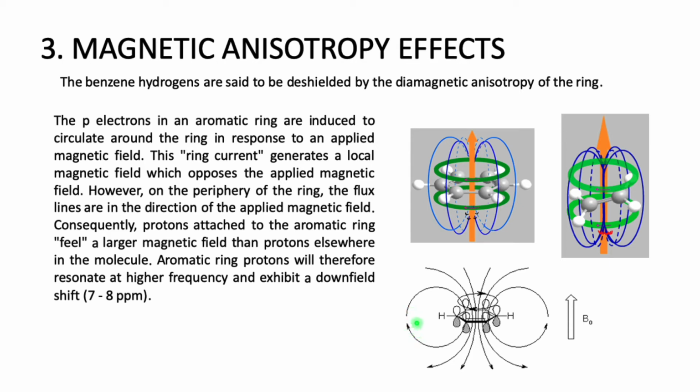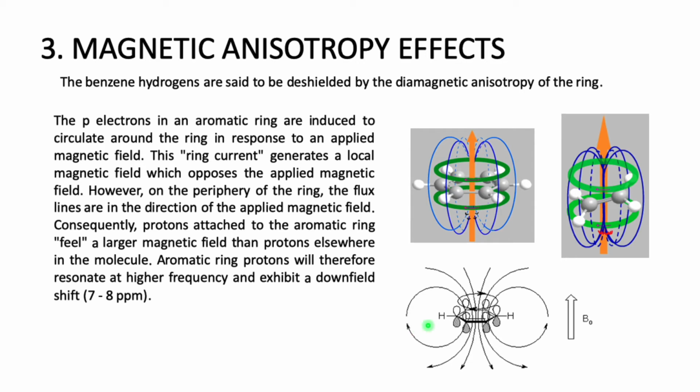That is why, due to the magnetic anisotropic effect, though they are protons attached to sp2 hybridized carbon, they don't appear in the shielded region; rather, they appear in the deshielded, or downfield, region, which is 7 to 8 delta ppm. This is what we call magnetic anisotropy.